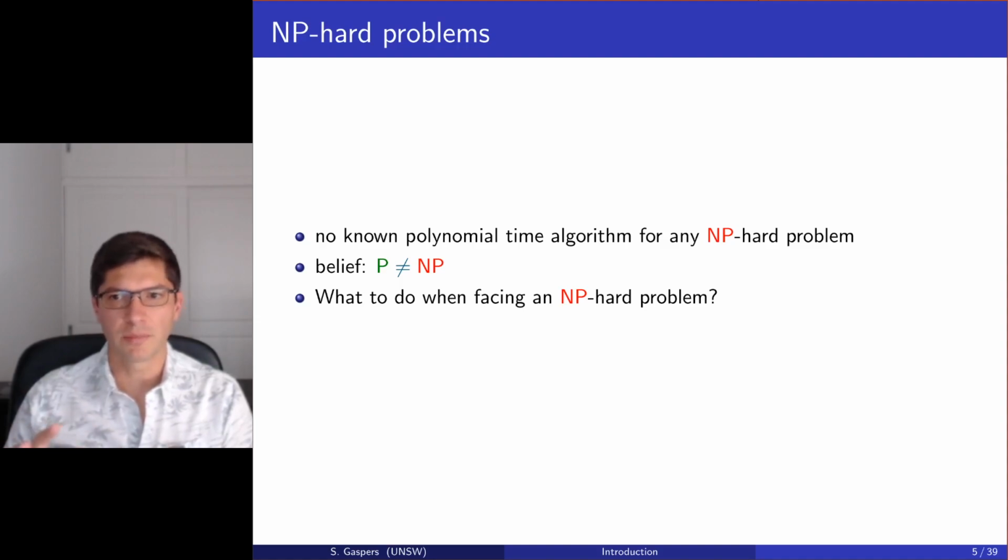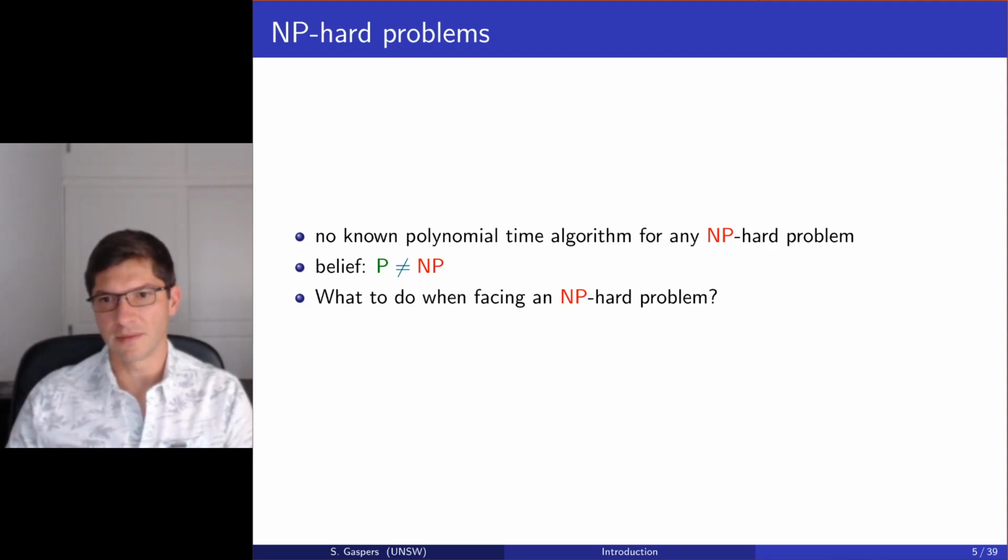NP-hard problems are at least as hard as any problem in NP. Currently we don't know any polynomial time algorithm for any NP-hard problem. Also, if you found a polynomial time algorithm for one NP-hard problem, then all problems in NP could be solved in polynomial time.